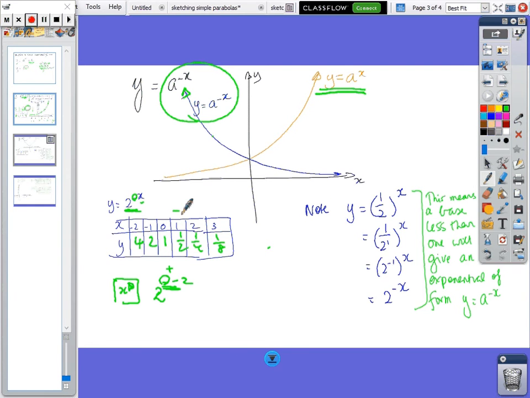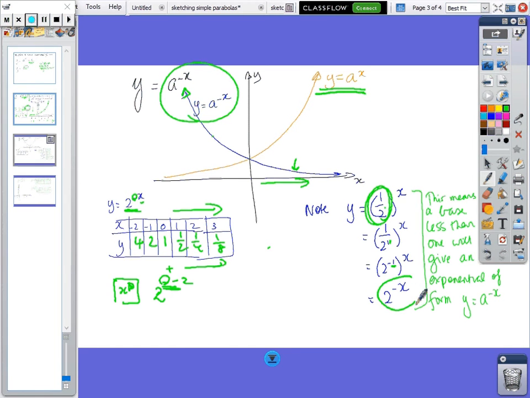So as x gets bigger, the function gets smaller. Okay, so you'll note over here, and this was one of the ones that one of the girls brought up in class, that is a base of a half. And you can write a 1 on the bottom, where that 1 is, and then a 1 on the bottom is the same as a negative at the top.